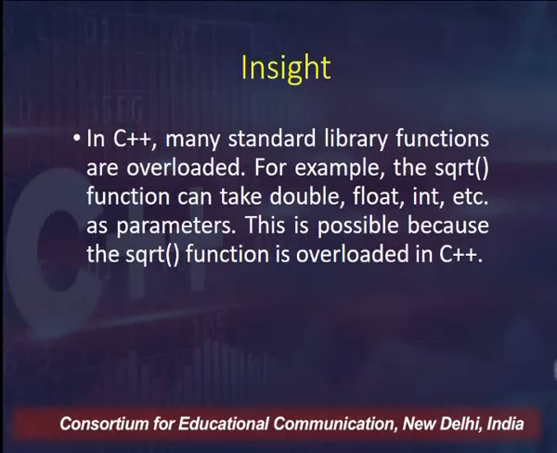If I say sqrt 4, it is obviously going to give me 2. If I say sqrt 16.0, it is going to give me 4.0. It depends on what kind of parameter I am passing. As this library function is itself overloaded, the match will be found according to that parameter.